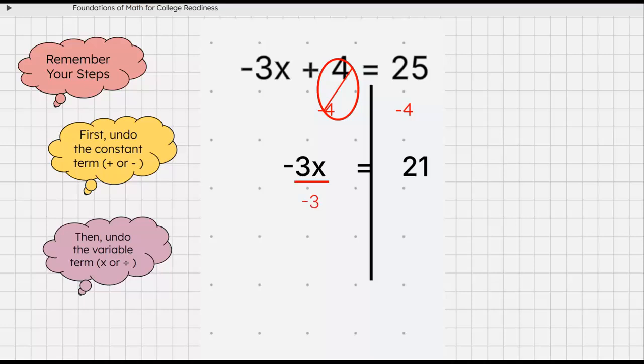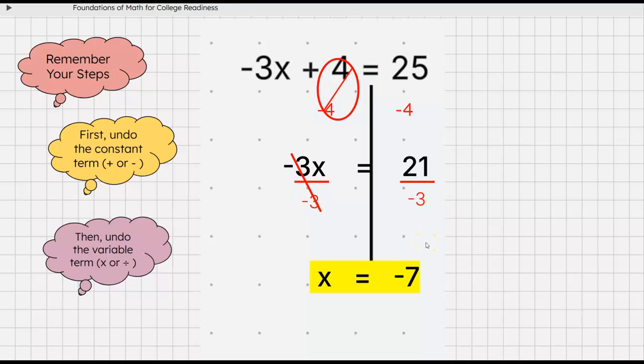So we are going to divide both sides by negative 3, that coefficient, to get x by itself. When we divide both sides by negative 3, we end up with 1x, or just x, equals negative 7. Please remember to pay attention to your integer rules and your signs. 21 divided by negative 3, a positive divided by a negative, should give you a negative 7.